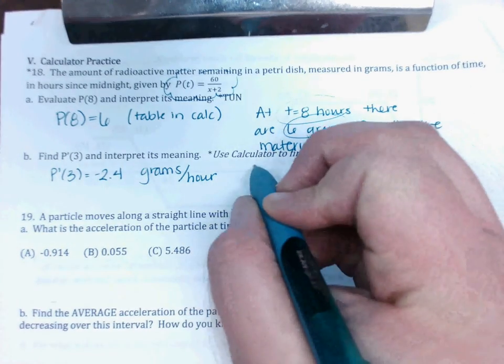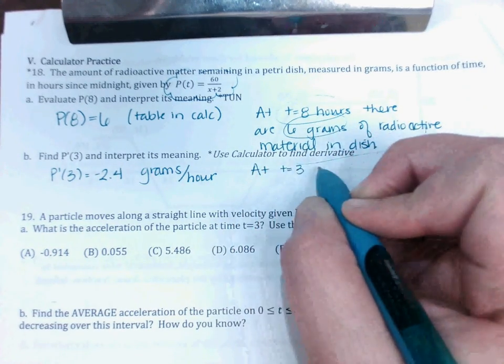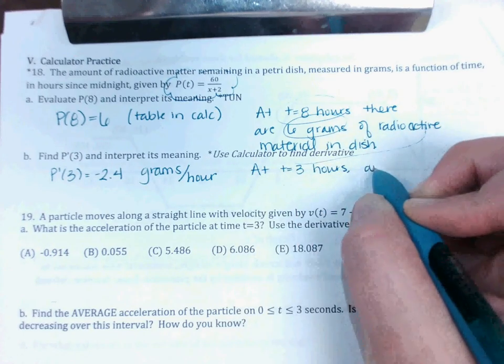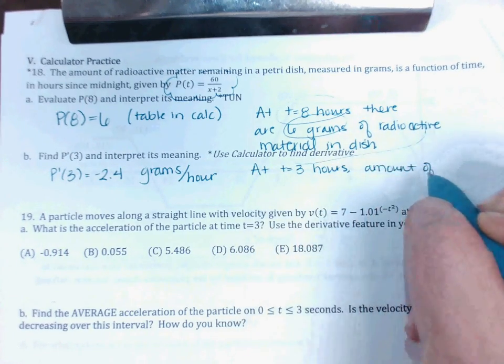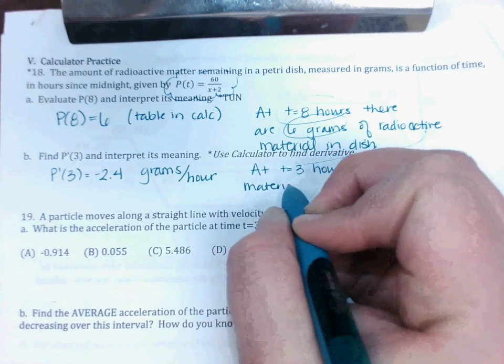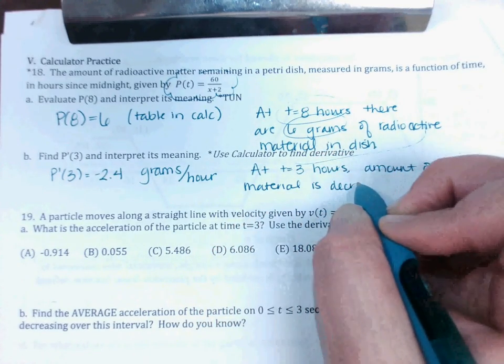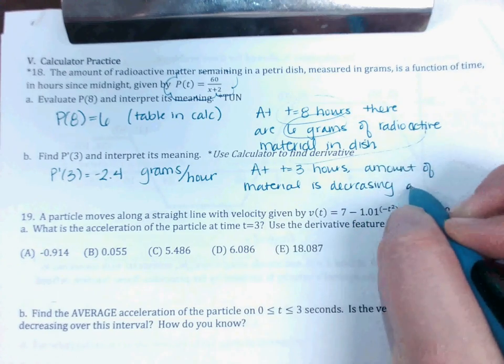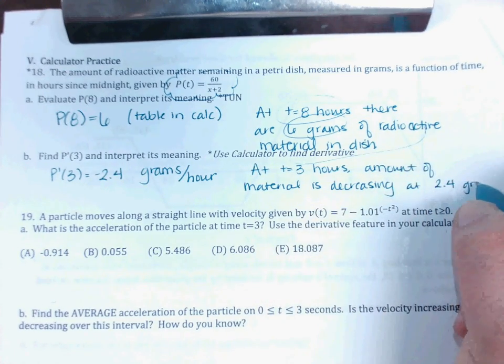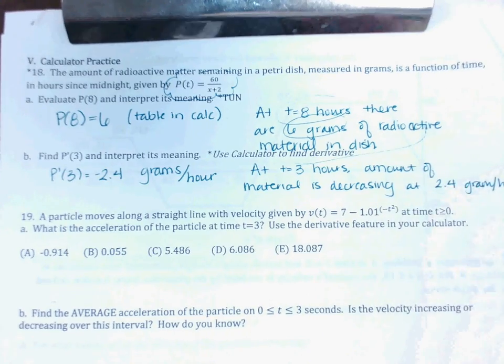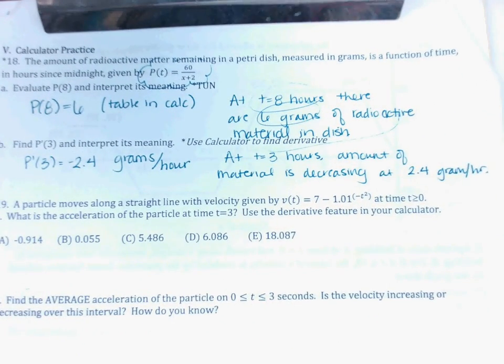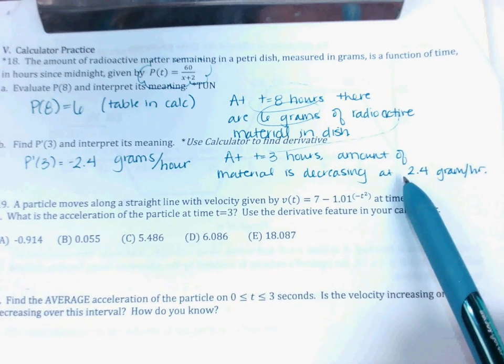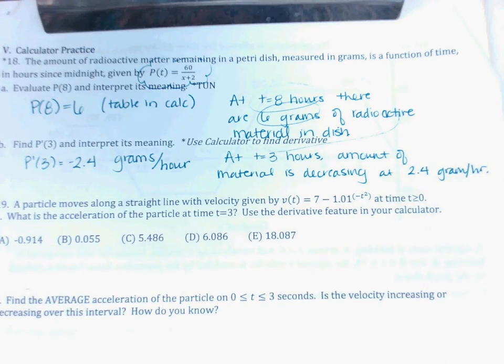So I would say at T equals 3 hours, the amount of material is decreasing at 2.4 grams per hour. If I say the word decreasing, should I also put a negative? No, that's a double negative. Saying it's decreasing at 2.4 grams per hour is good enough. You're done. That's what interpret means.